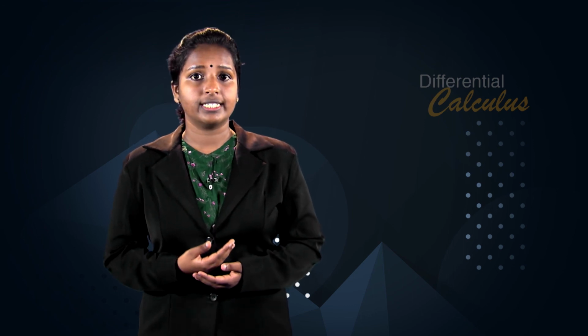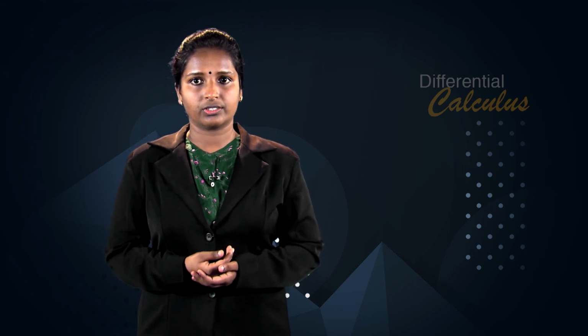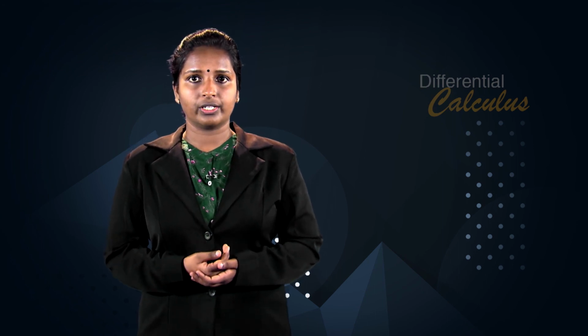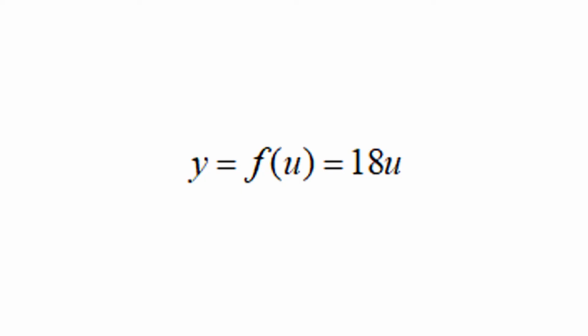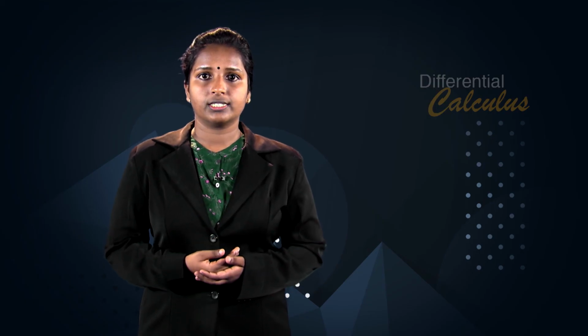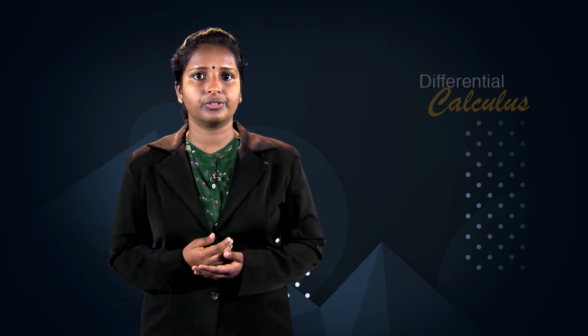Mathematically, if y is the number of kilometers you can travel and u is the number of liters of petrol initially in the petrol tank, then y is a function of u given by y = f(u) = 18u. The number u of liters of petrol initially in the petrol tank is a function of the amount of money you spend for the petrol.